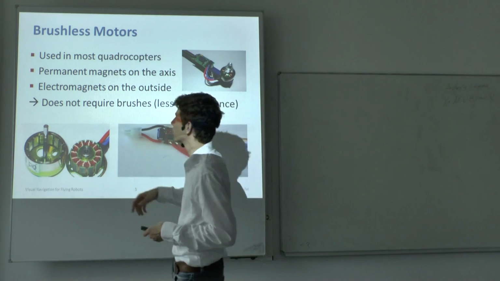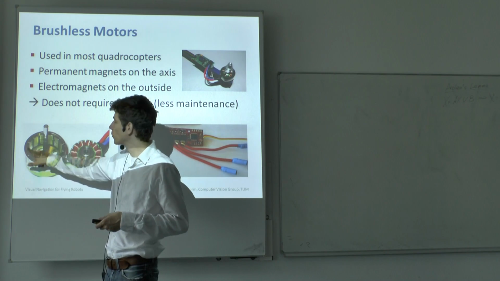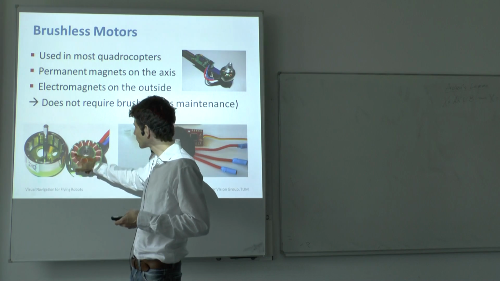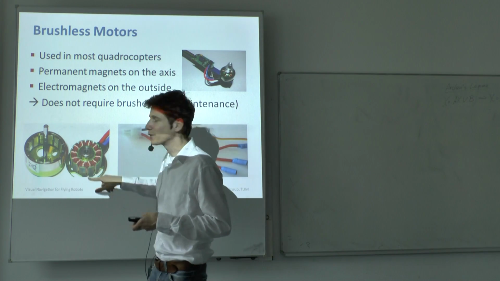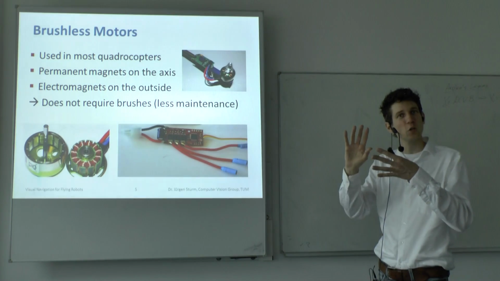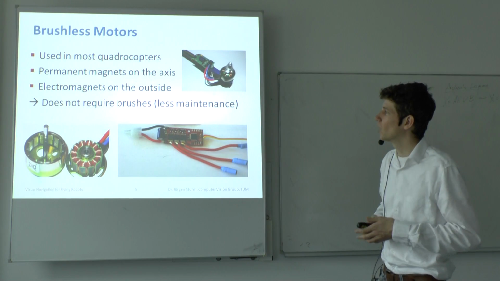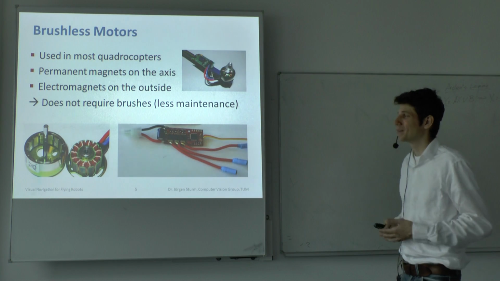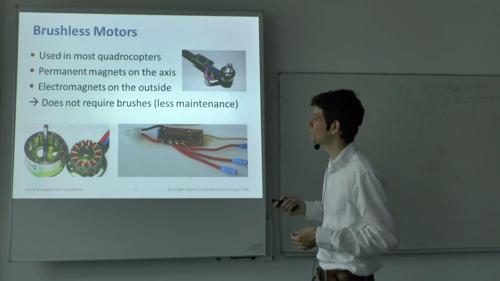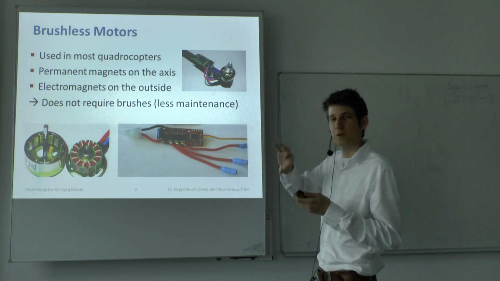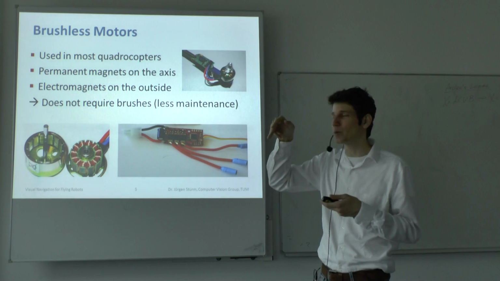You have permanent magnets on the axis of the motor, and you have several coils around, and the coils induce a magnetic field that will gradually move the axis. And the problem again is that if you apply a static current to this, then the motor will only move once into its desired position.